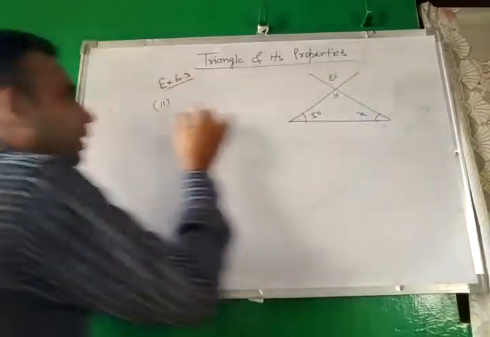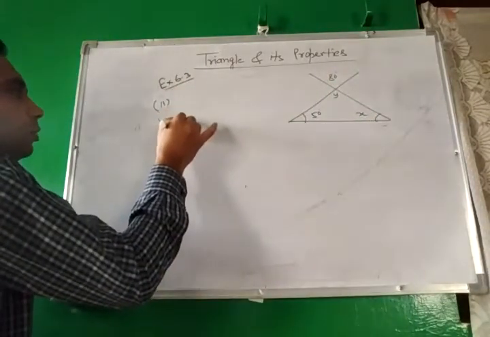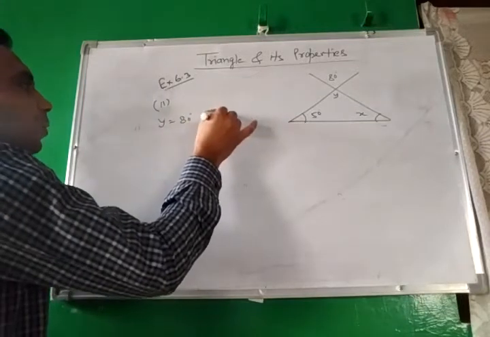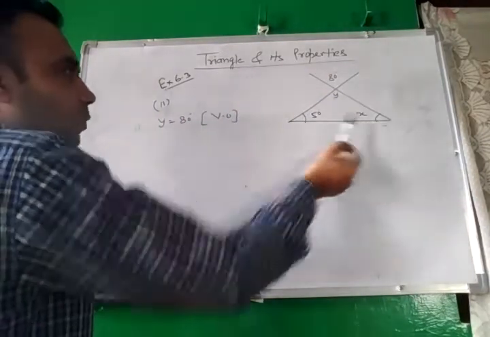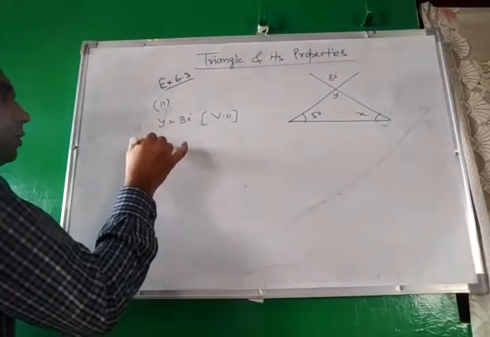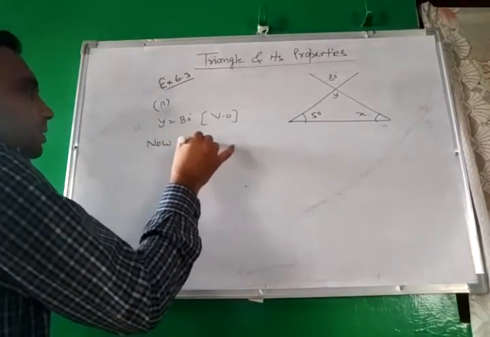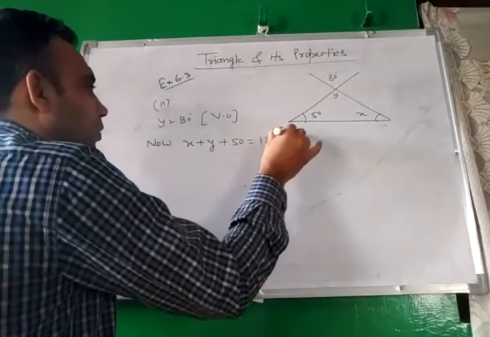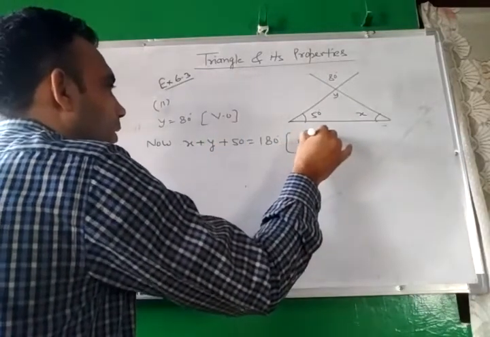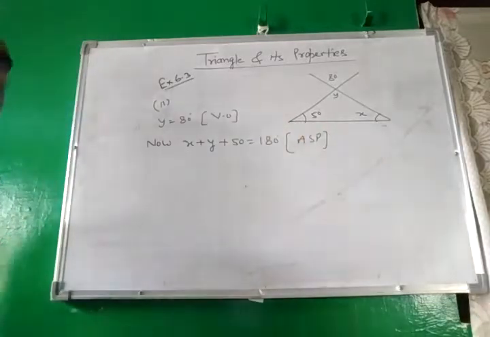So first we will find y. y is equal to 80 by which property? Vertically opposite. And now this plus this plus this is equal to 180. x plus y plus 50 is equal to 180 by which property? Angle sum property.